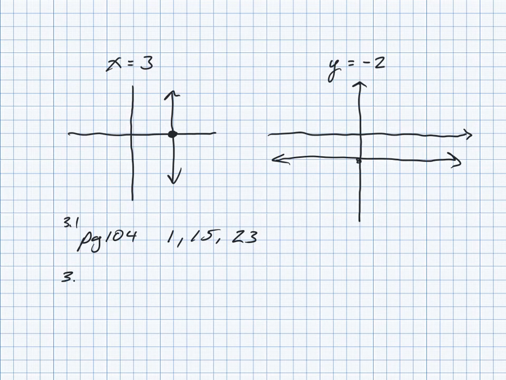And then for section 3.2, I'd recommend you take a moment and go to page 111 and see if you can find this graph using the x and y intercept, what we just did.